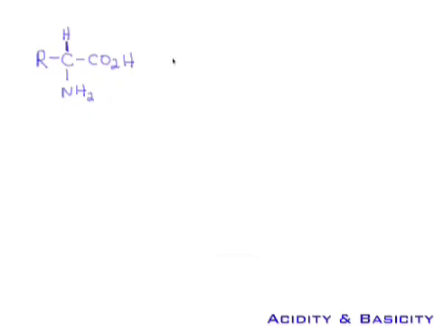Hence, if we dissolved an amino acid in water, we would expect an equilibrium with the following structure, where the CO2H has lost its proton, and the lone pair on the nitrogen has picked up the proton. In other words, in aqueous solution, the carboxylic acid would protonate the NH2.